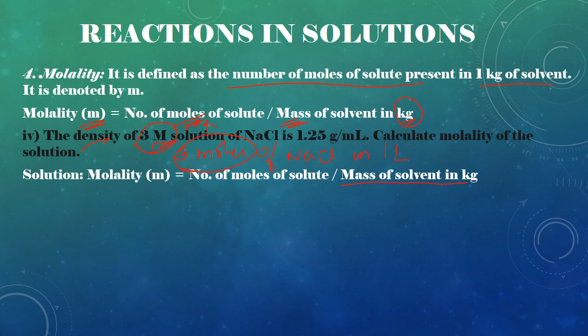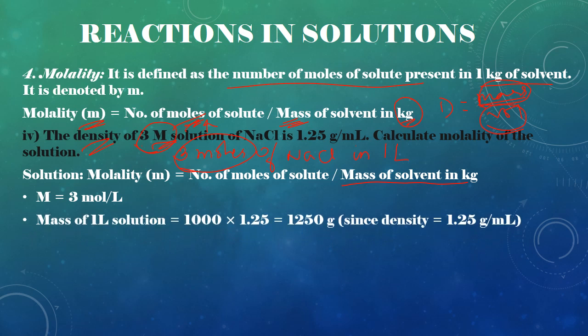So we take the density that's given. We know density is equal to mass by volume. So using this, we can find out the mass of the solution. So mass of the solution will be 1000 into 1.25, that's the density, and that comes to 1250 grams.